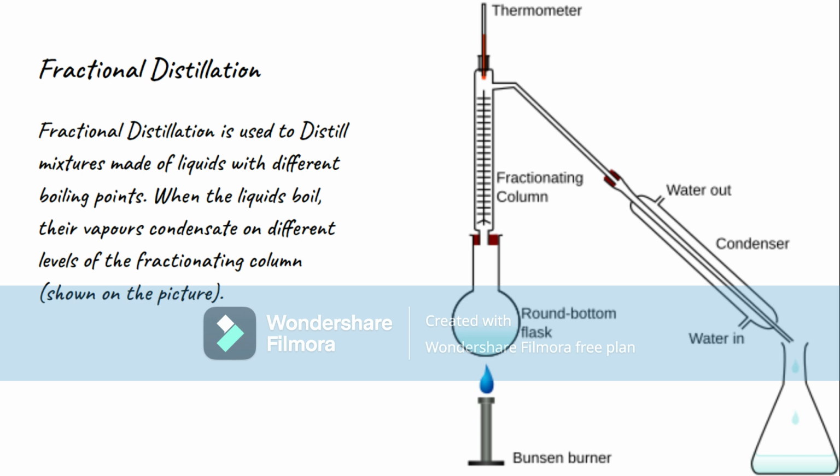This translates to: a fractionating column is a glass pipe with stuff inside it to separate boiling liquids with similar boiling points. I hope you got it, because if not, just go and search it up. I'm not Google.